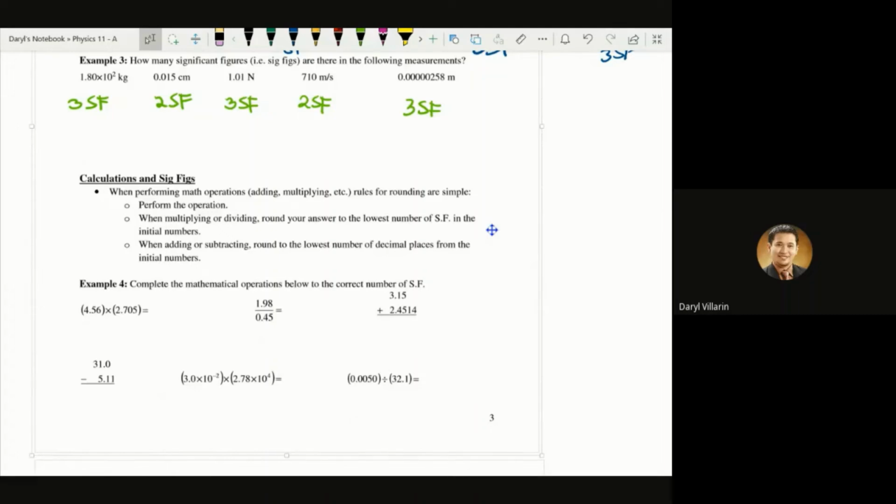If you're adding measurements, measurements contain a certain amount of significant figures, so you need to follow these rules. Let's start with multiplying and dividing. You need to round off your answer to the lowest number of significant figures in the initial numbers. These initial numbers are the given, usually in a word problem.